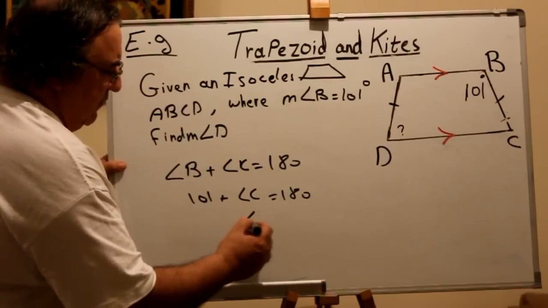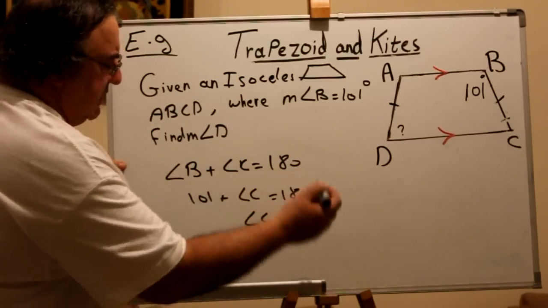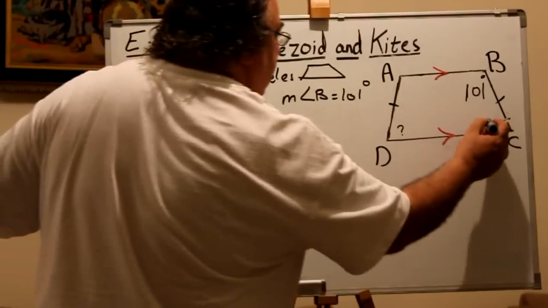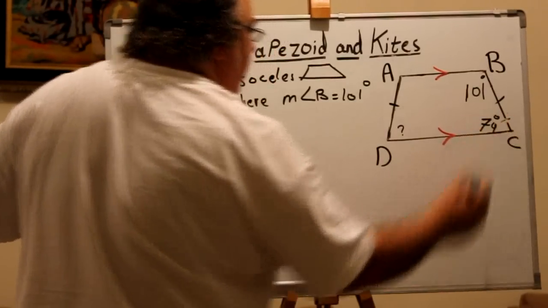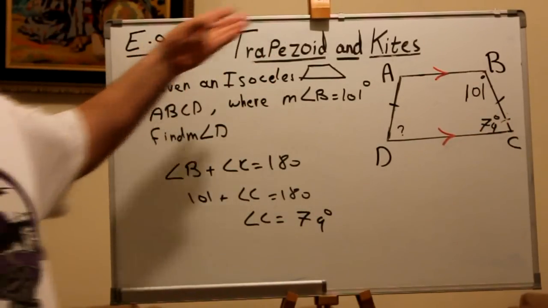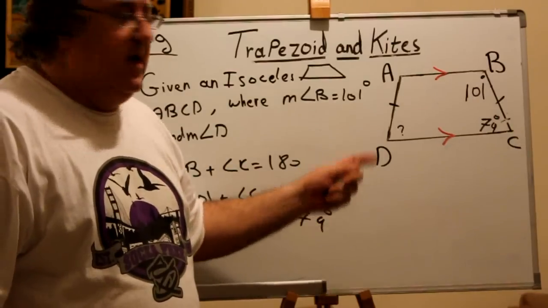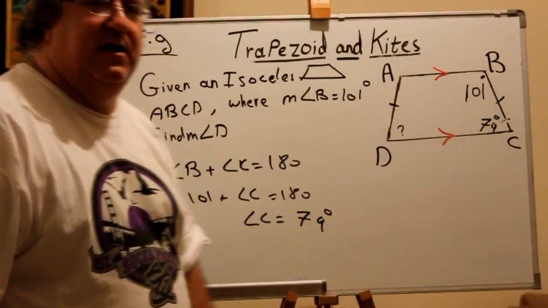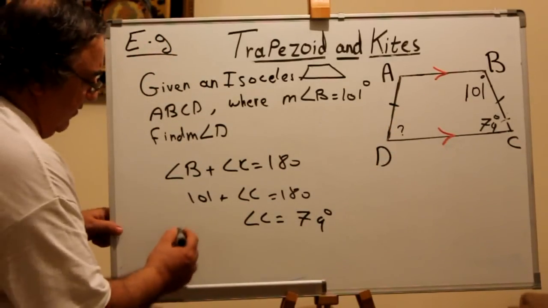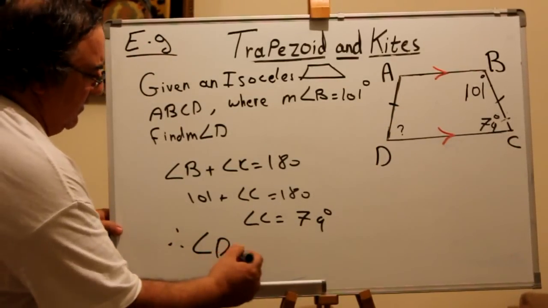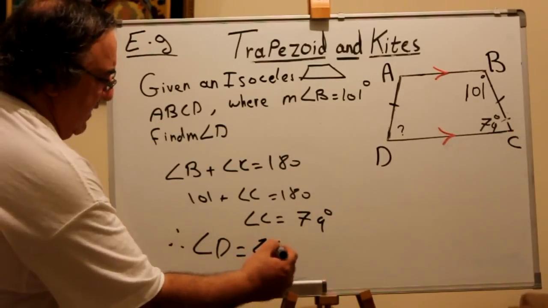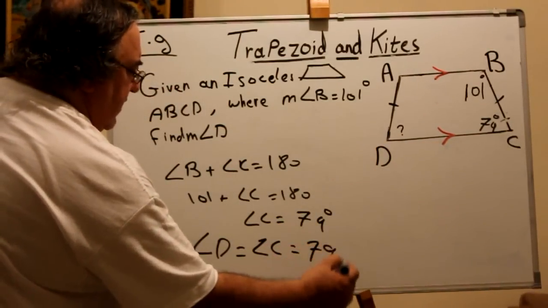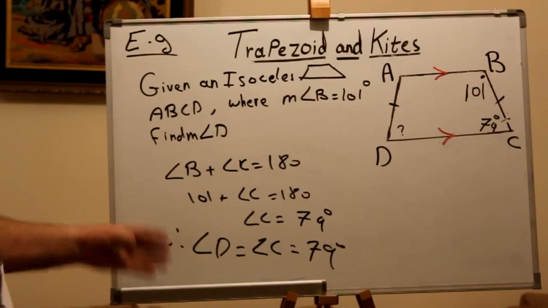Then we solve, and we find that angle C is equal to 180 minus 101, which is 79 degrees. So this angle is 79 degrees. And because it is isosceles, we know that the base angles of an isosceles trapezoid are always congruent. Therefore, angle D will be equal to angle C, which is equal to 79 degrees. I hope this example is clear.